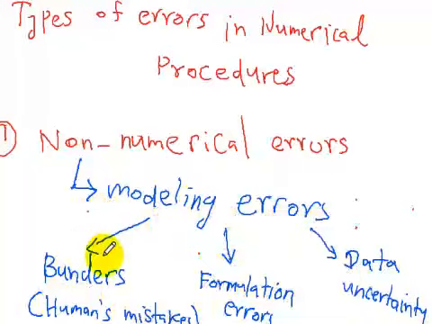As I said, blunders are human mistakes. For instance, you forgot a term of the equation, or you used the wrong equation, right? Whatever silly things you do, those are mistakes, and they will generate errors.